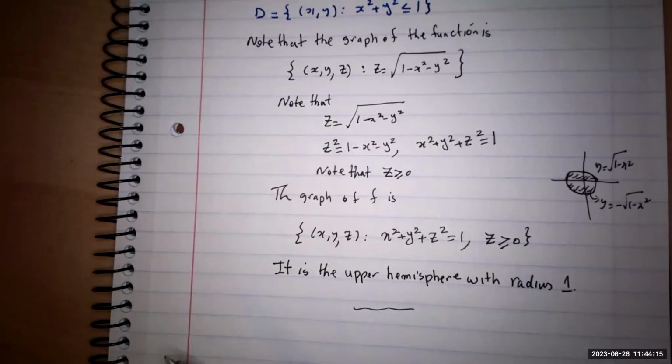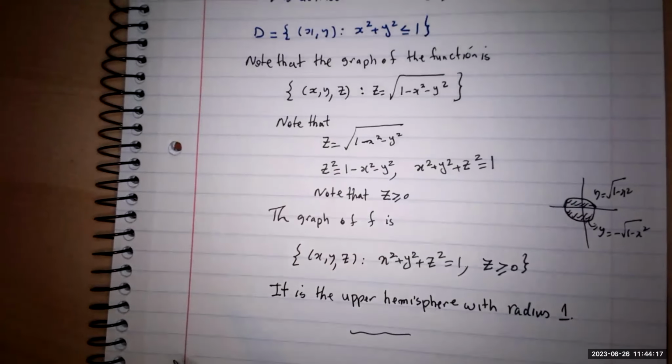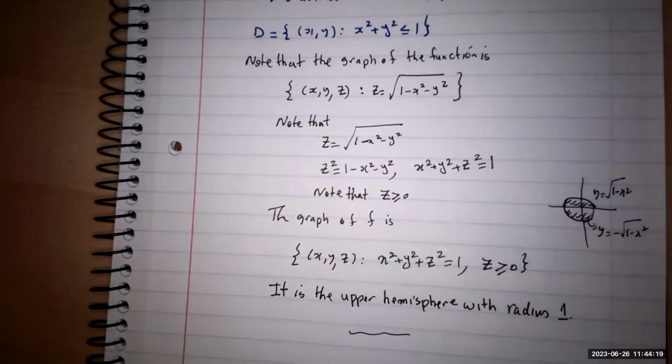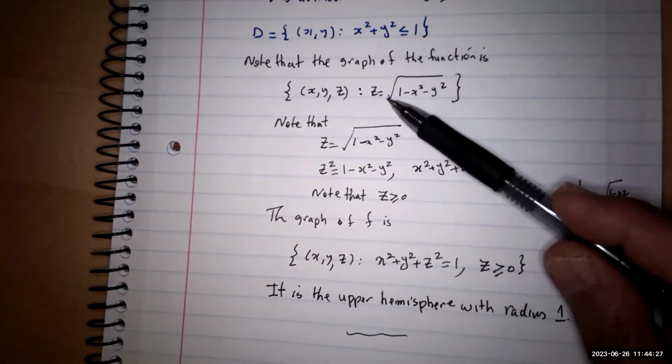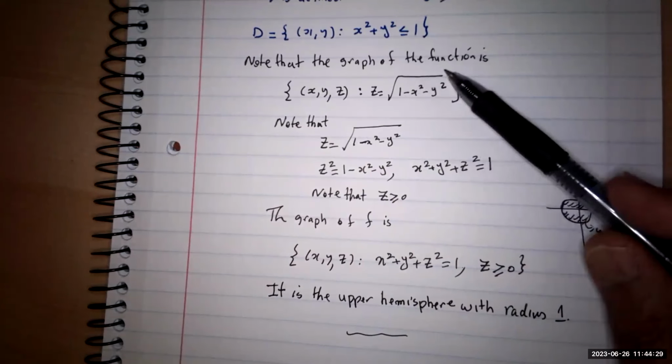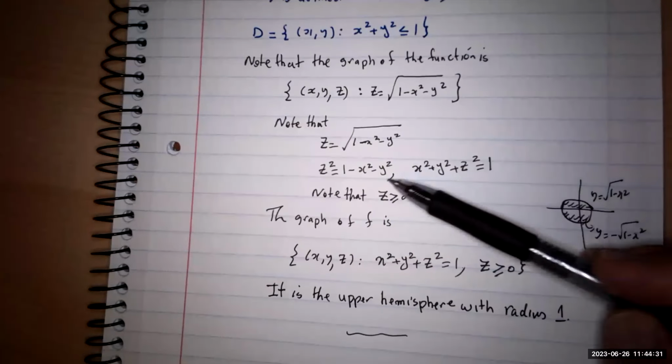Okay, look at the function that we have. Your function is the square root function. Since it's the square root function, your z is greater than or equal to 0. So when you take the square root, you just take the square root of a positive part.